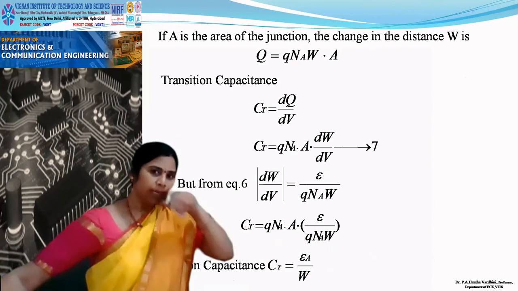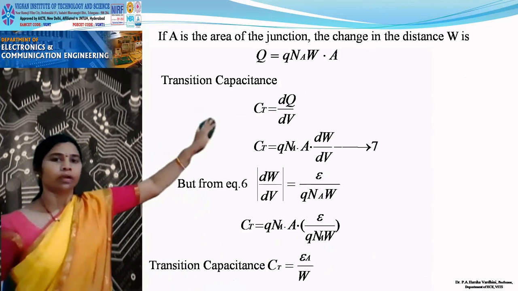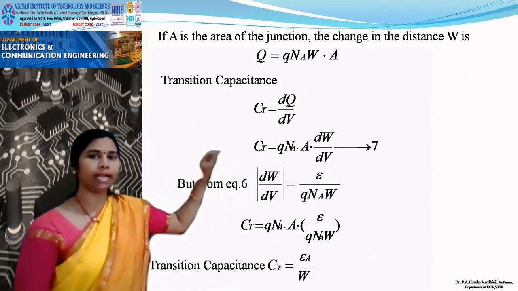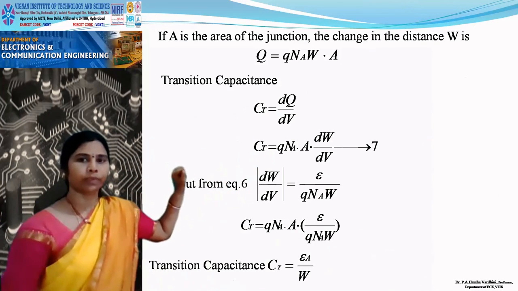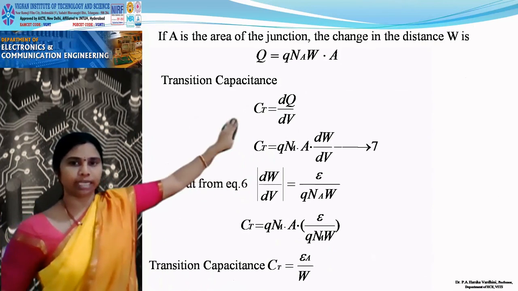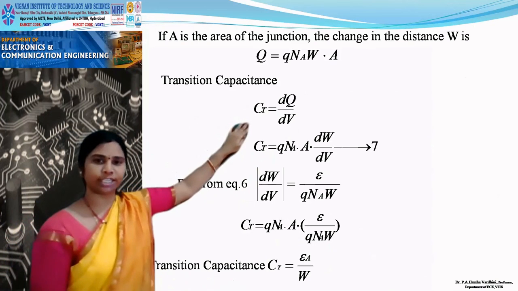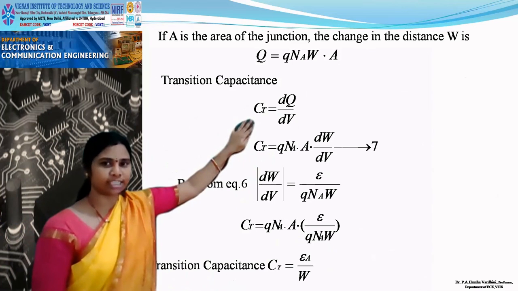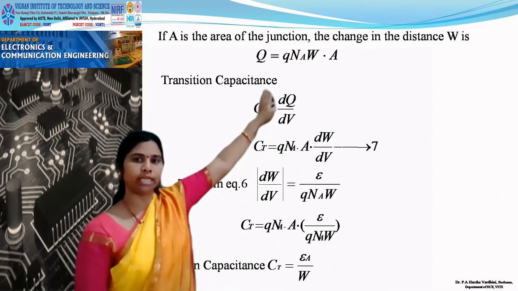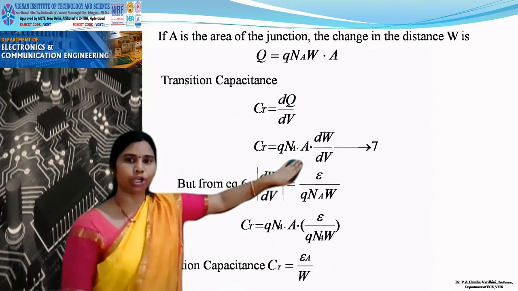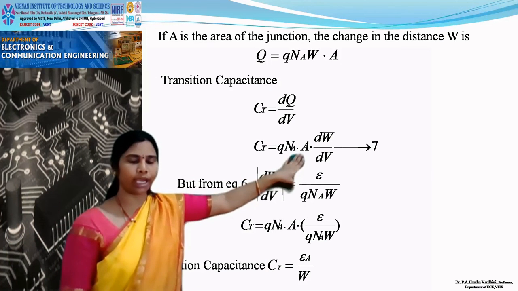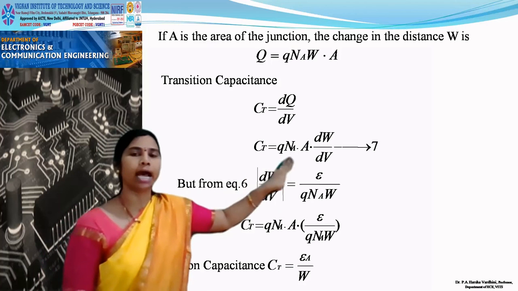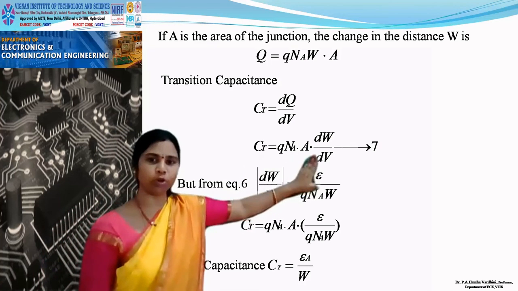This charge Q is equal to whatever the charge density you have seen, multiplied by the area. Now, if I want capacitance, I differentiate this Q value with respect to voltage. What will you get? Q is Na into A into W, so dQ by dV is Na into A, dW by dV. If I want transition capacitance, I need to derive dW by dV.